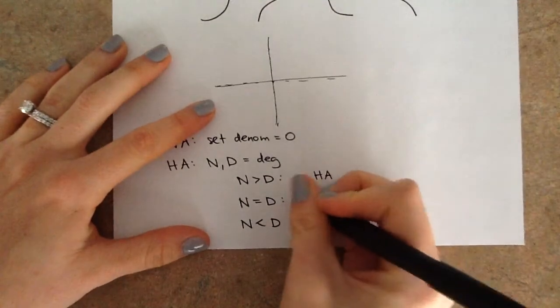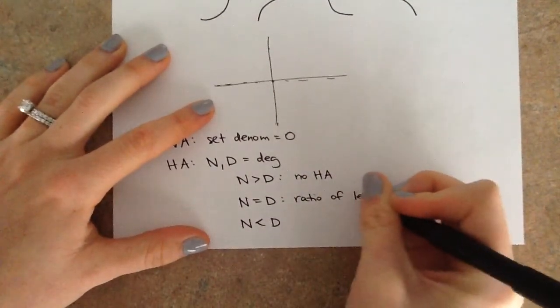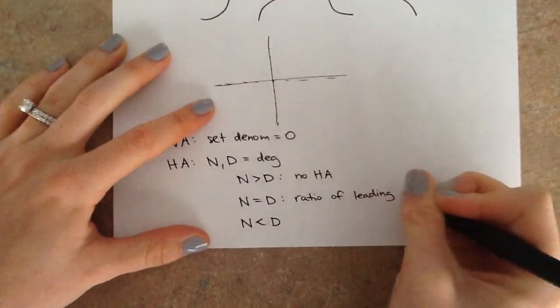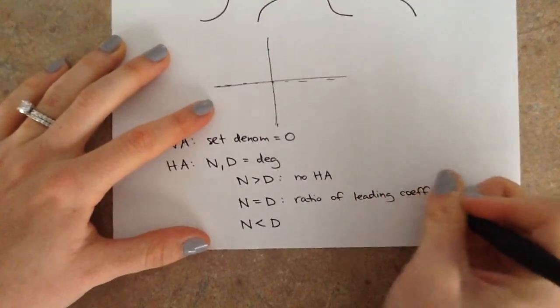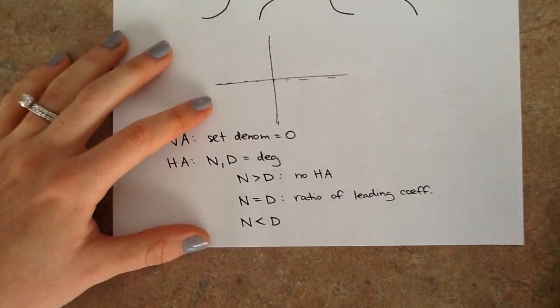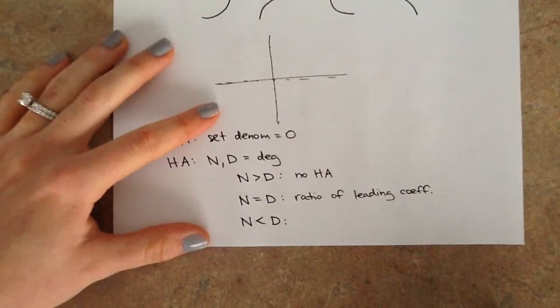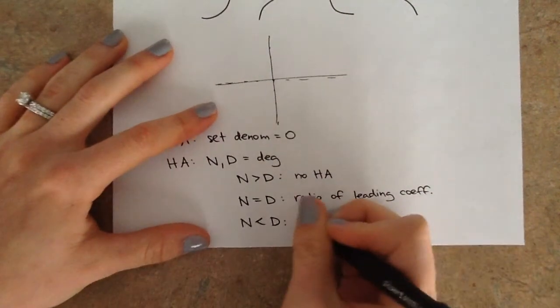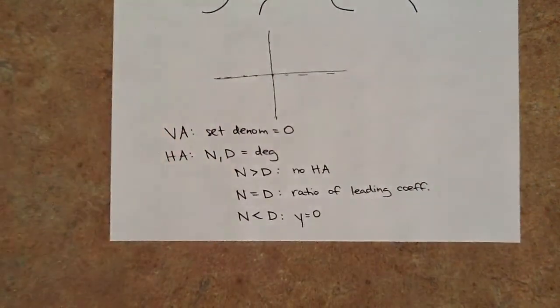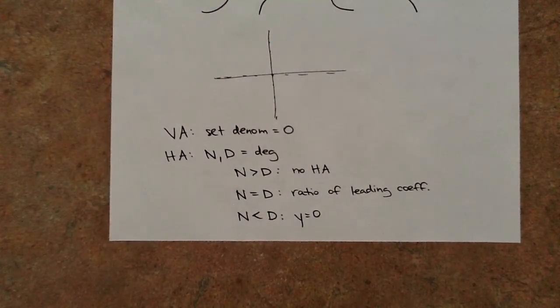So if you have an x squared in the numerator and a 3x squared in the denominator, it'd be 1/3. How about if the numerator has a smaller degree? 0. Good. So y equals 0 would be a horizontal asymptote there. So if you have a rational function, and only a rational function, look for the asymptotes.